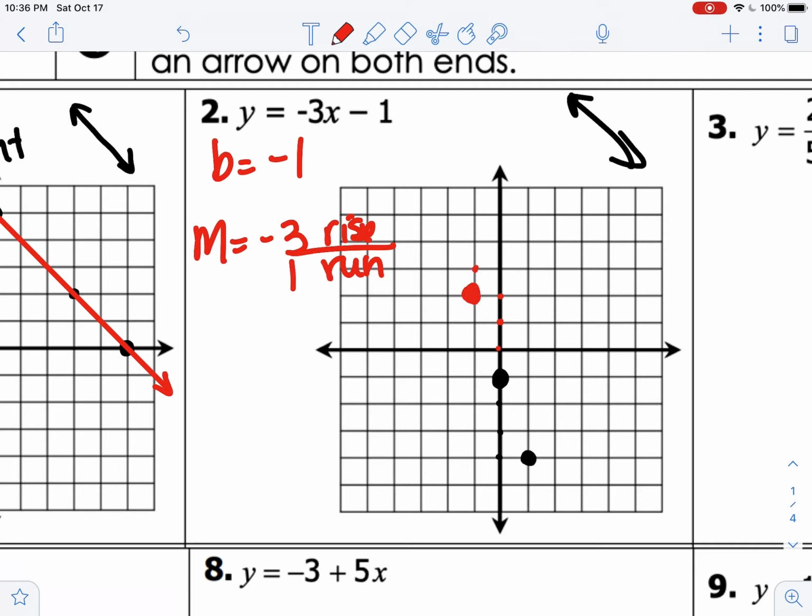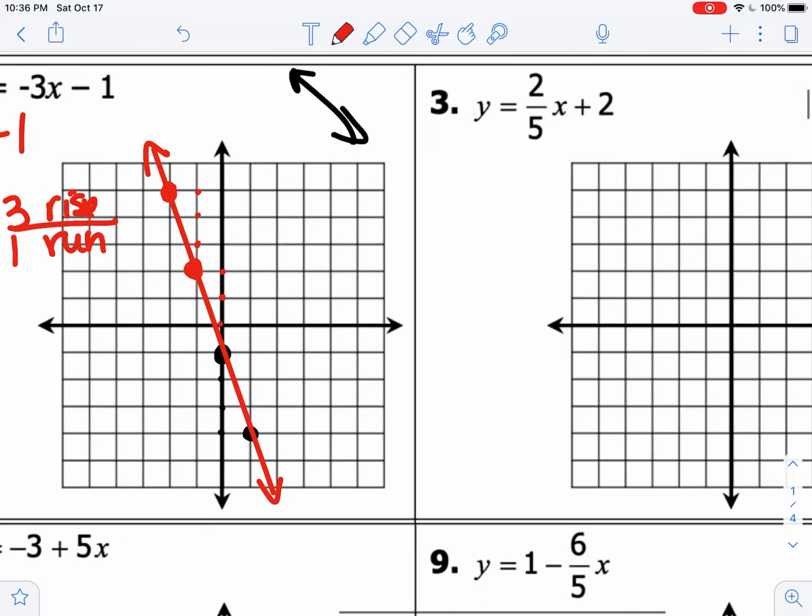So here would be another pretty point. Up 1, 2, 3 over 1. So it doesn't really matter which direction you go in, just as long as you're creating that line and it's going in the same direction both ways. So then we would come over here, and again, we would draw our straight line through all of our points. And there you have it.